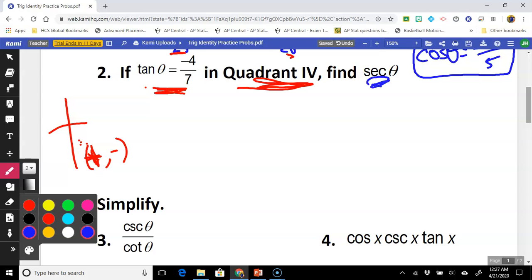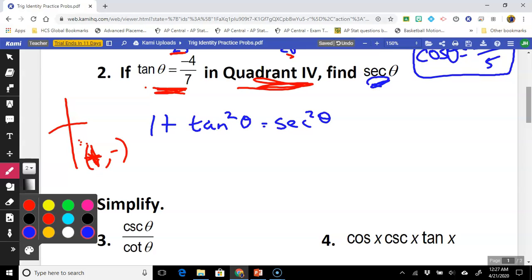Now, you'll remember that we learned that 1 plus tangent squared is equal to secant squared.